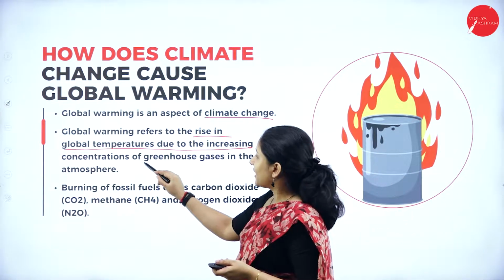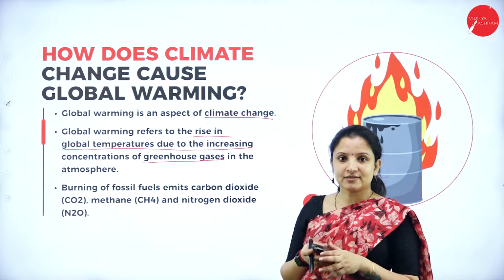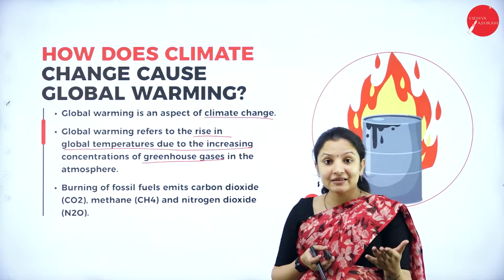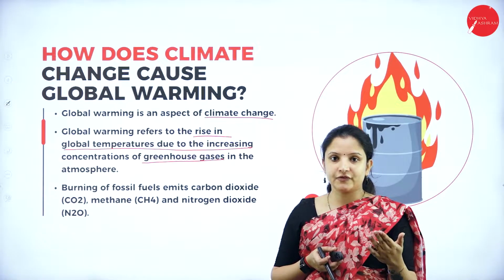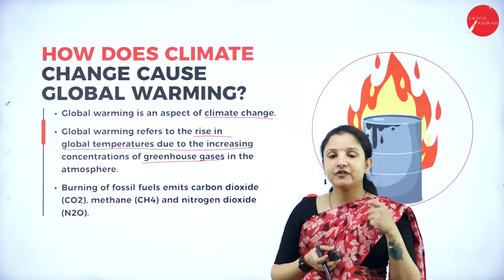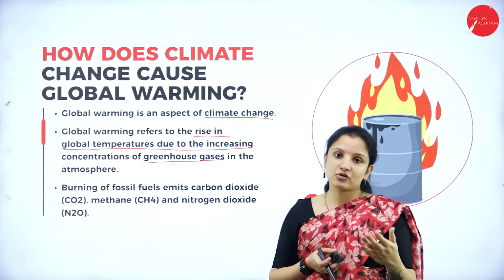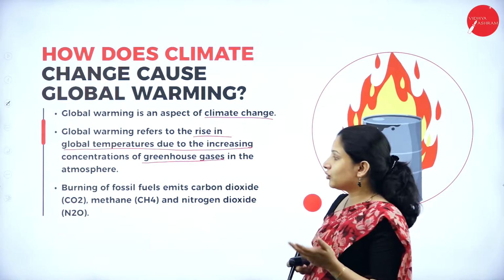We have studied greenhouse gases in the previous sessions as well, right? We have methane, carbon dioxide, and the content of all of these will increase in the atmosphere. When they increase in the atmosphere, they increase the temperature of the earth, resulting in global warming.